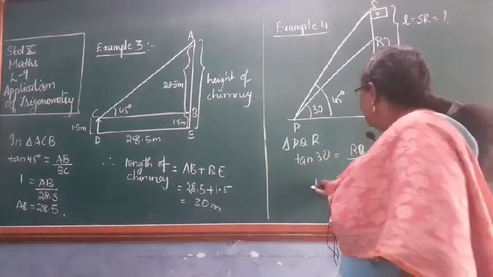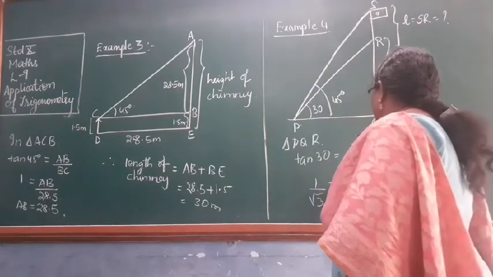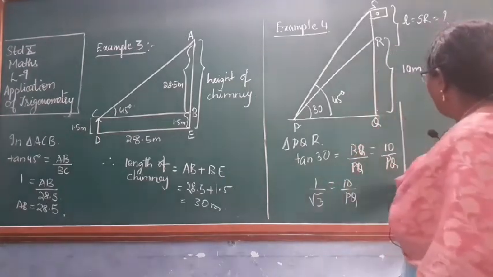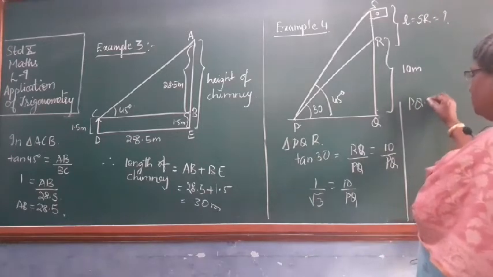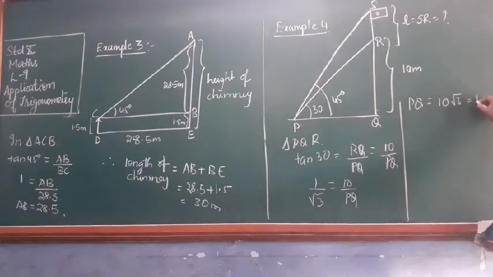So tan 30 I know is 1 by root 3, which is equal to 10 by PQ. So I have got PQ equals 10 root 3, and root 3 value they have asked us to take as 1.732. So that becomes 17.32 meter.